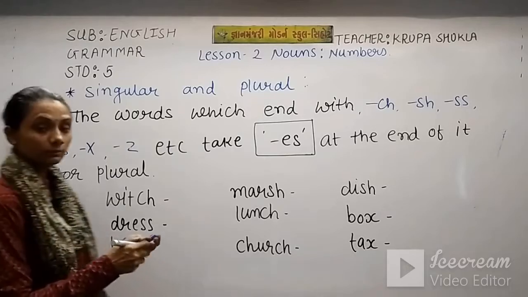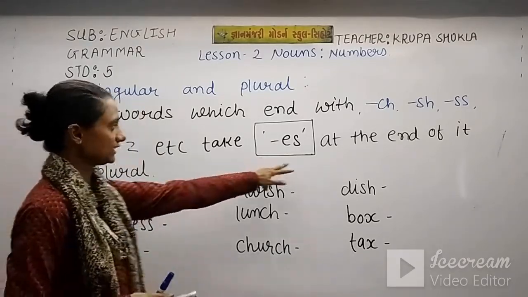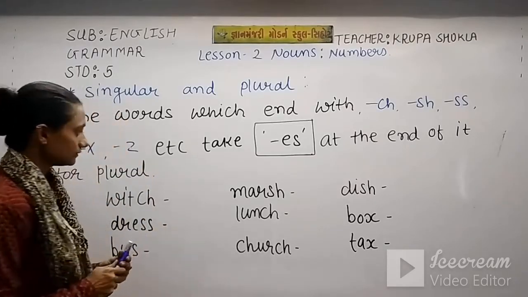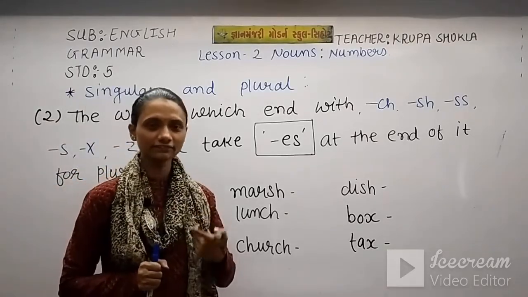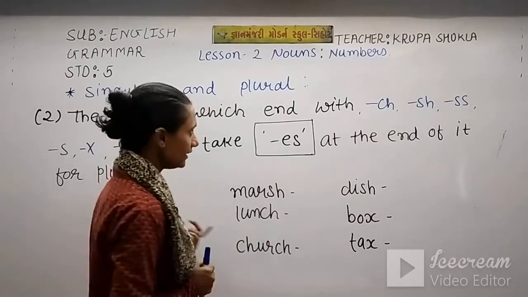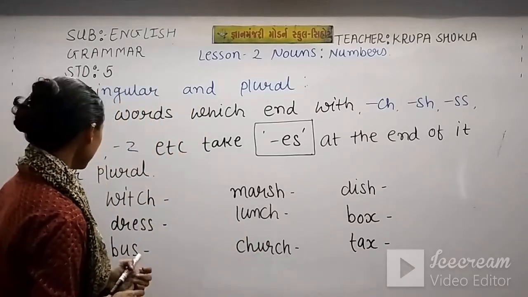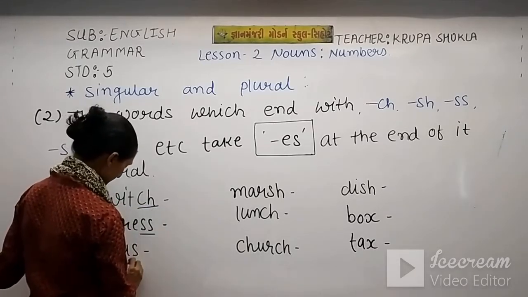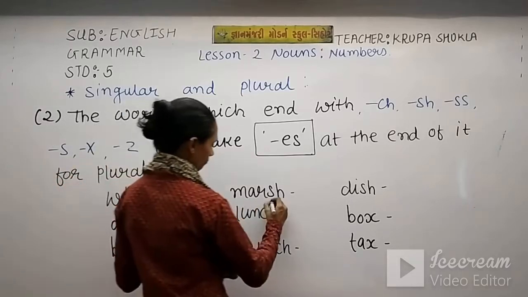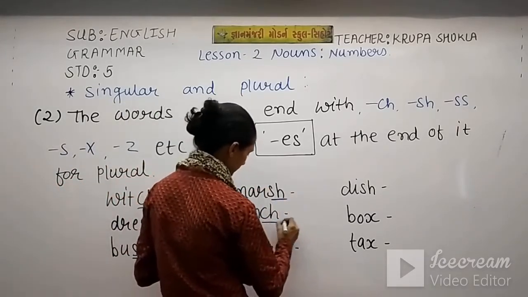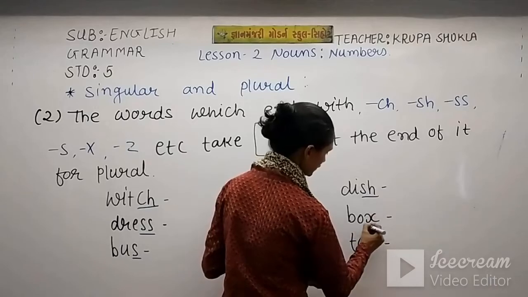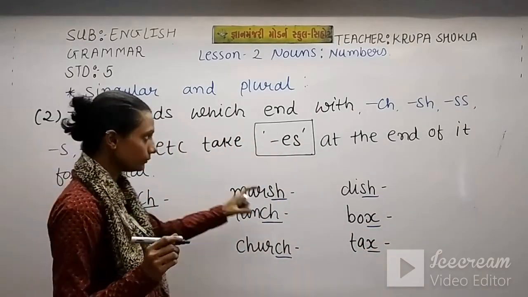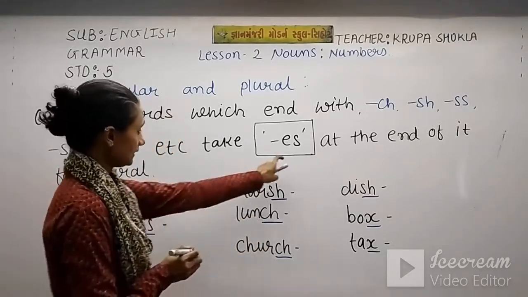See, now we'll make these words plural using es. So first of all, you need to notice if these words all end with sh, ch, double s, s, x or z or not. So yes, we have ch here, we have s, double s, we have s, we have sh, ch, sh, x. So it means all of these will be made plural using es.